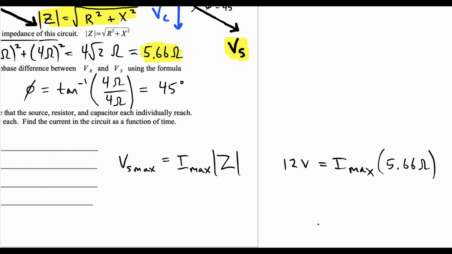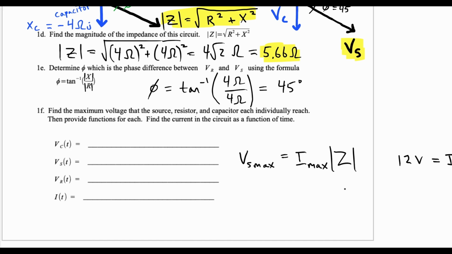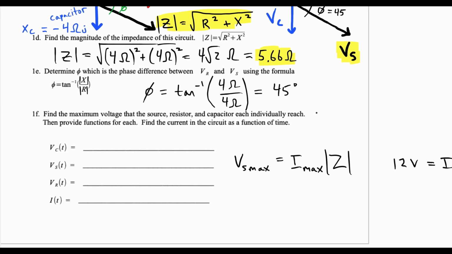Knowing that max current is really critical to drawing the rest of this. It's 2.12 amps. So I'm going to write that just here, that I max is 2.12 amps.